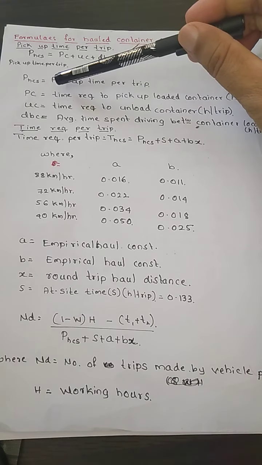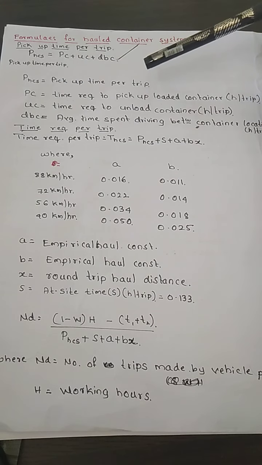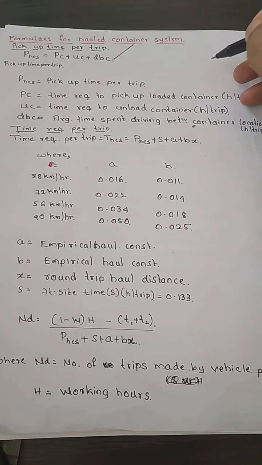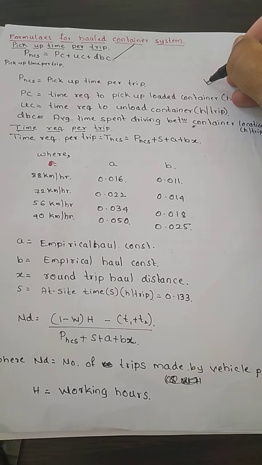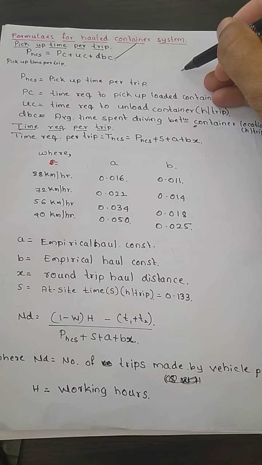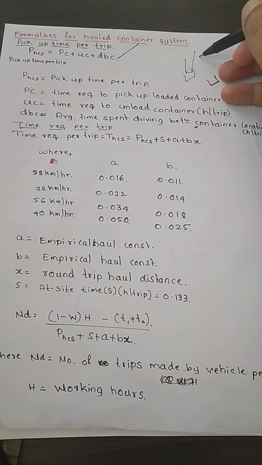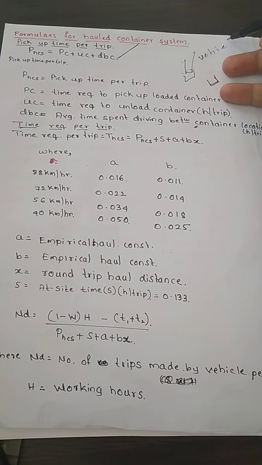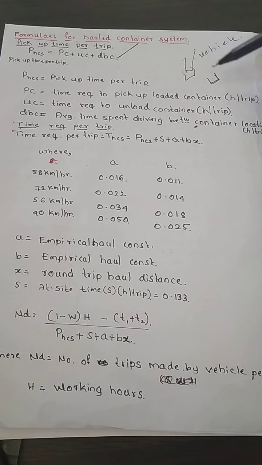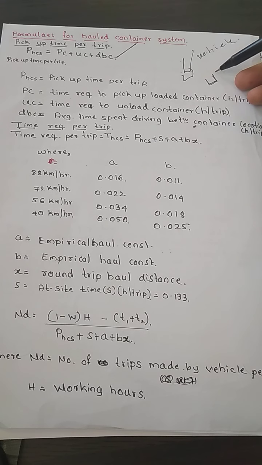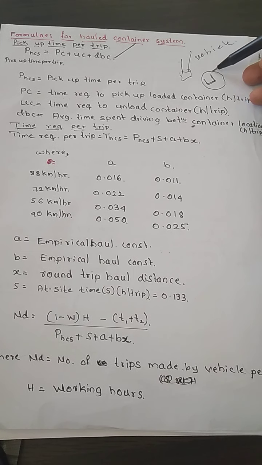The meaning of PC is the time required to pick up the loaded container. For example, at one particular collection center, one dustbin is there, and the vehicle comes to collect that container. PC is how much time is required to pick up this particular container.